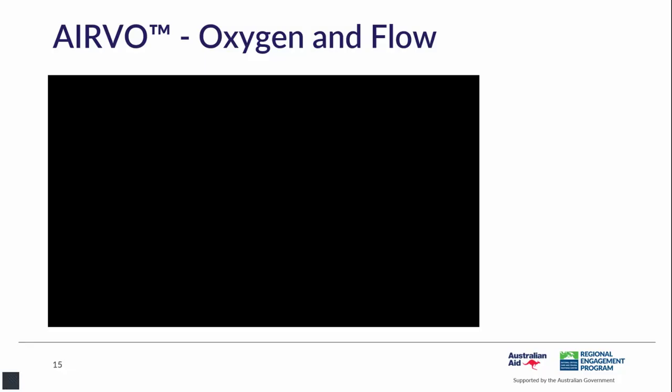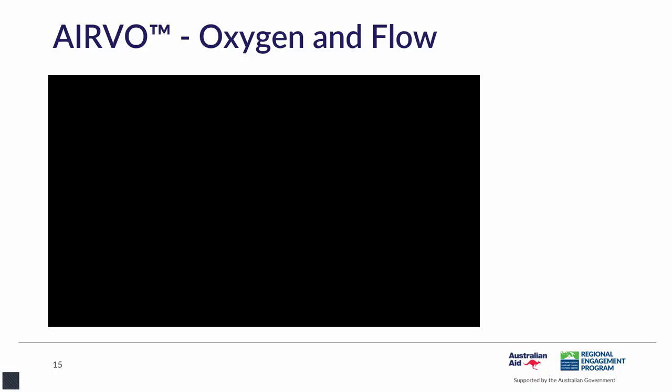However, if we increase the flow on the Evo machine, this flow is atmospheric air being sucked into the machine. So if we turn up the flow and we're sucking more air in from the atmosphere, then the oxygen in the tubing will become more dilute. So the amount of oxygen we deliver will reduce.